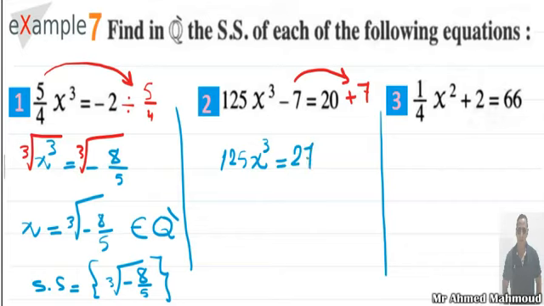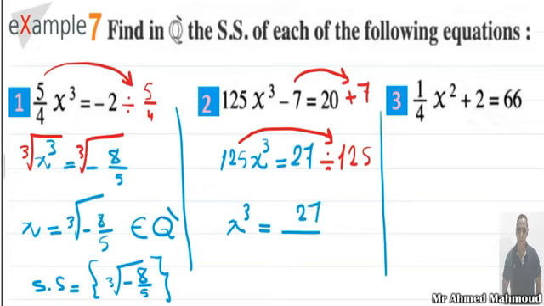I will send 125 there as division. Then x to the power 3 equals 27 over 125.